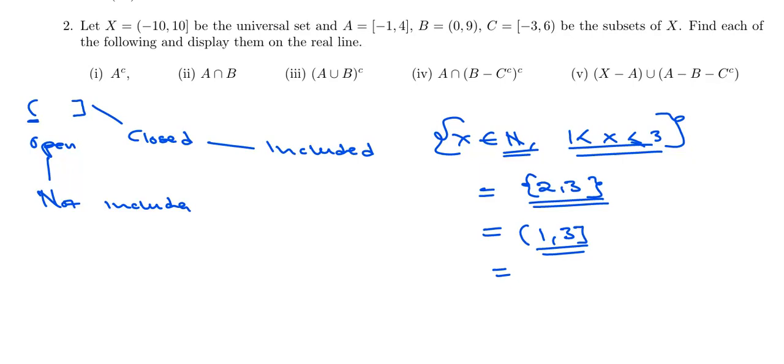Once we start displaying sets on the real line, this bracket can be represented by a circle which is not shaded, and this one can be represented by a circle which is shaded. When a circle is shaded, it means that that number is included. And in this question, I'm going to be using these two instead of this.